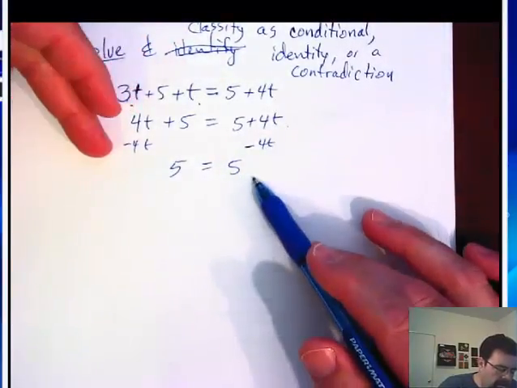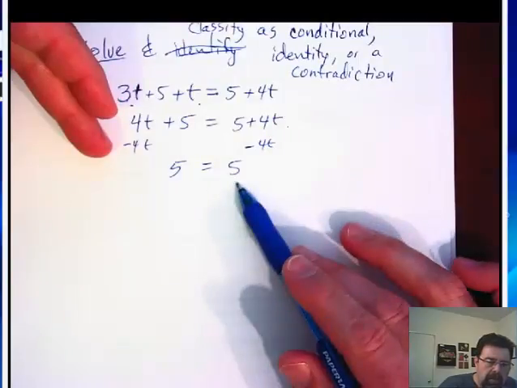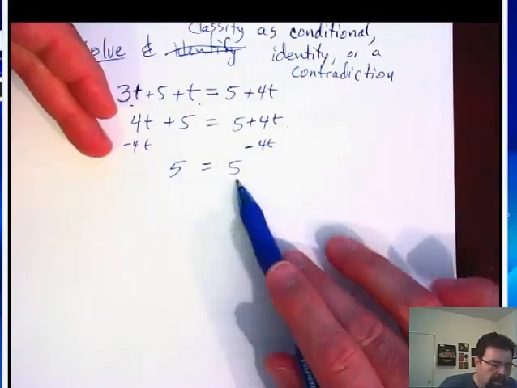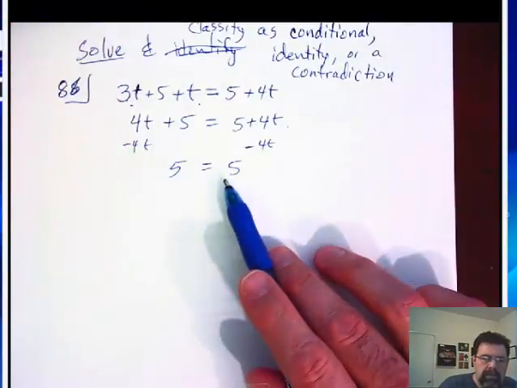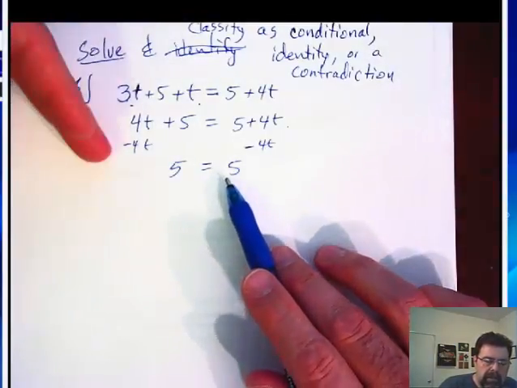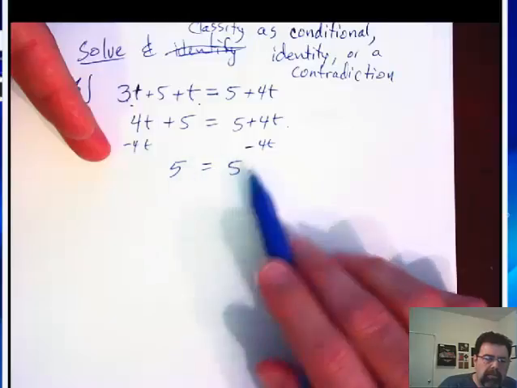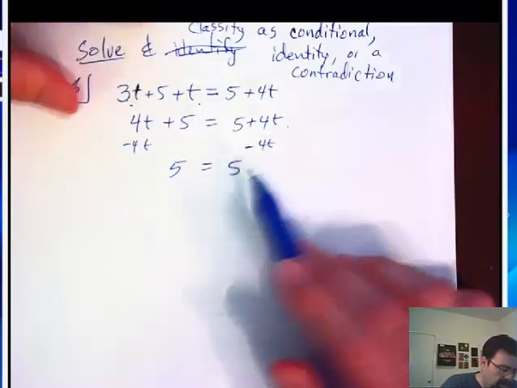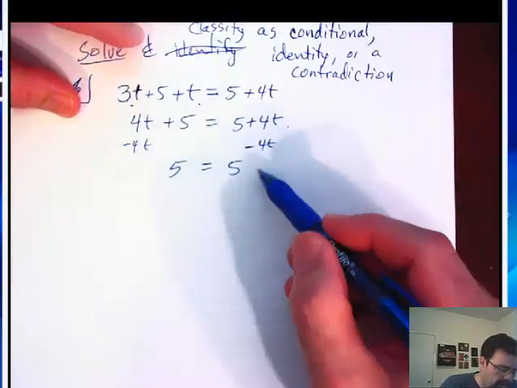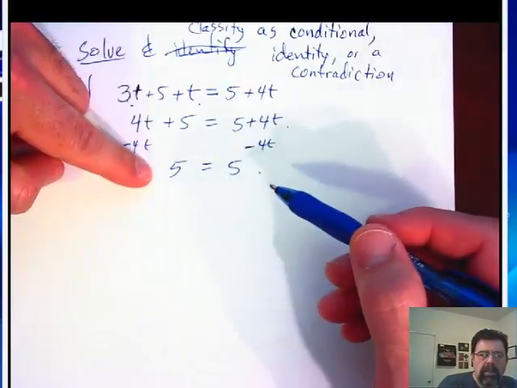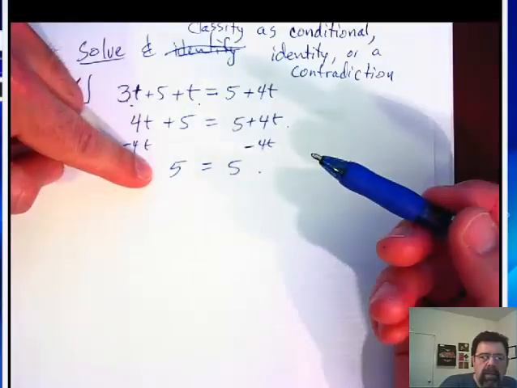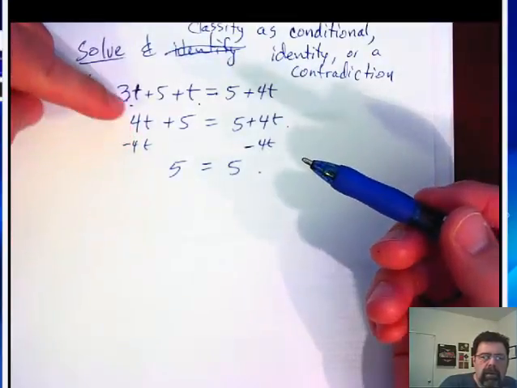Okay, now at this point, once you see that the variables fall out of the equation and there's no variables left, what you're left with is this number sentence. Whenever you get a number sentence, you ask yourself, is this a true statement or a false statement? And you can see that it's true, 5 equals 5. And since there's no variable in this sentence anymore, it doesn't matter what value of the variable you choose, it's going to be a true statement.